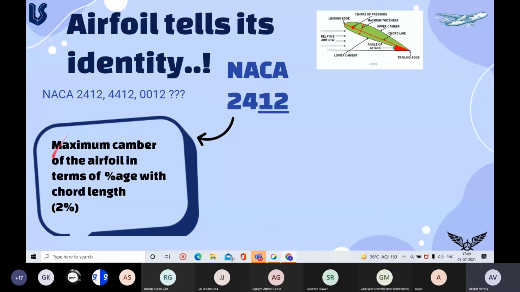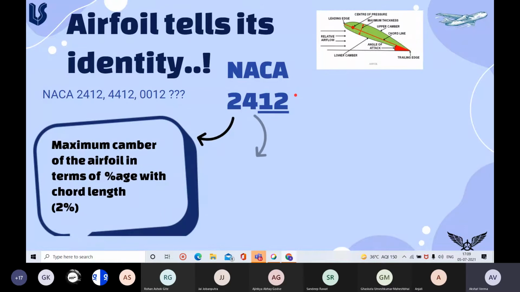The maximum camber of an airfoil is described by the first digit of the name of the airfoil. So if the first digit is 2, it says that 2% of the chord length is the maximum camber. If the length of this chord line is 100 units in total, then this 2 means that the maximum camber at any location of the airfoil will be about 2 units.